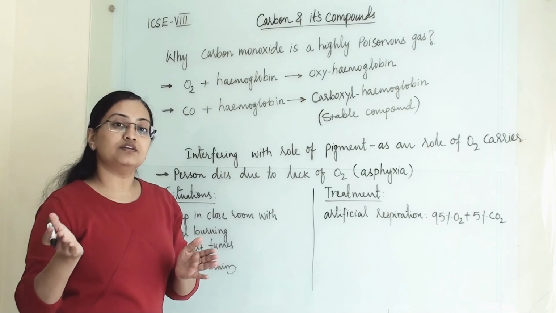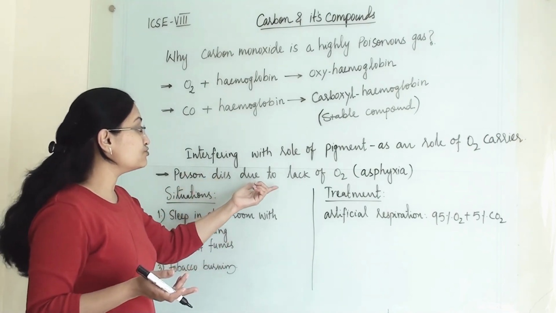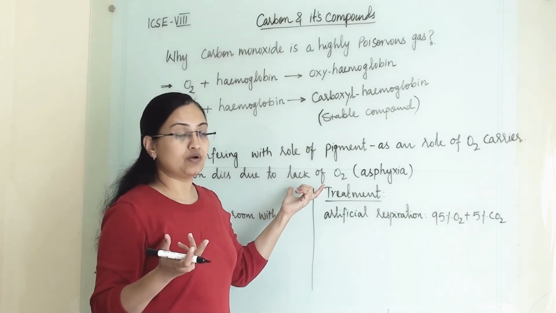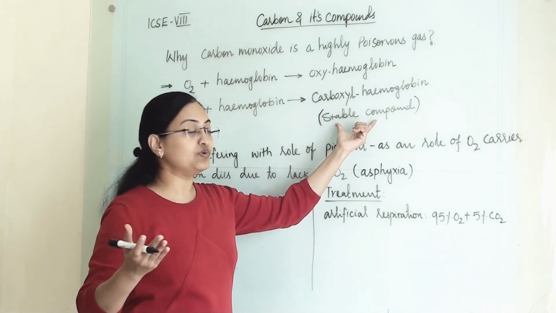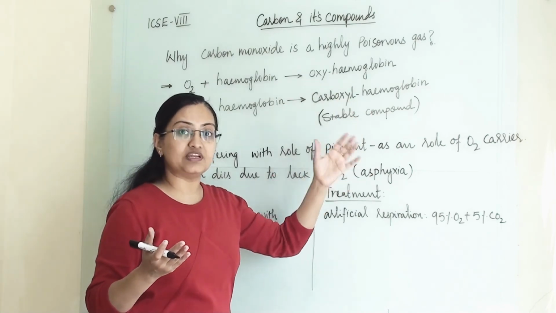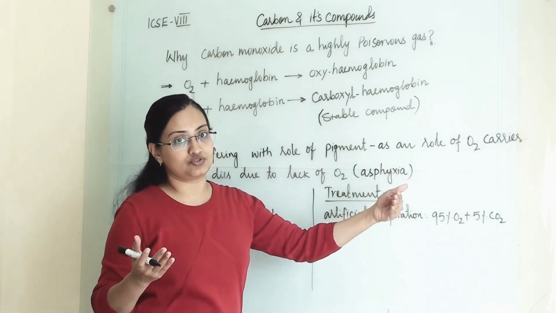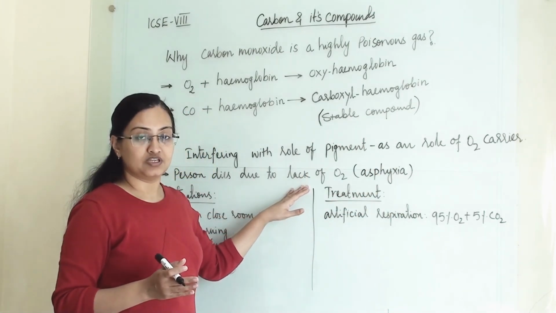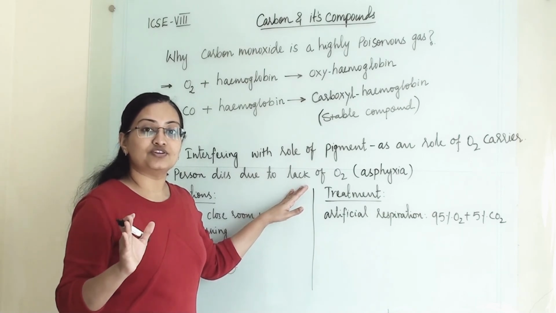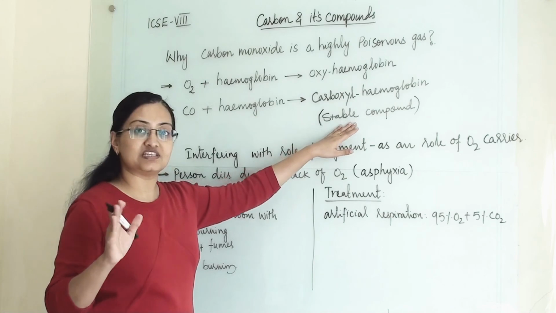So this carboxyhemoglobin is a stable compound, and because of this we will not be able to take up oxygen, and in turn our tissues will not get oxygen. So person dies due to lack of oxygen, because so many molecules will form carboxyhemoglobin, and this stable molecule is no longer available as a carrier of oxygen. Carbon monoxide is not generating any kind of poison to our body, but it is forming a stable compound.